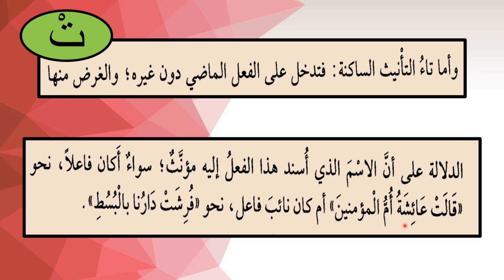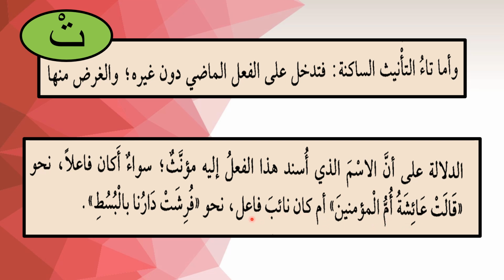Aisha is the fail and it is a muannas fail. So that's why the verb قال has come with the ta tanis. So this ta tanis comes only to show that whatever the fail or the noun that has come is feminine. Aisha to Ummul Mu'mineen. So Ummul Mu'mineen is coming as a badal for Aisha.